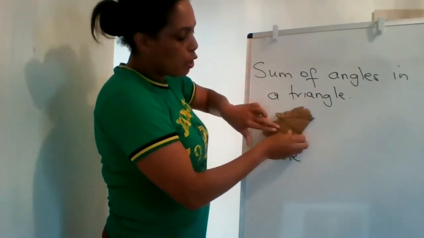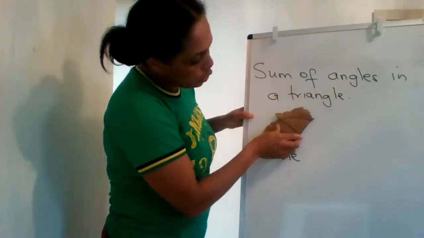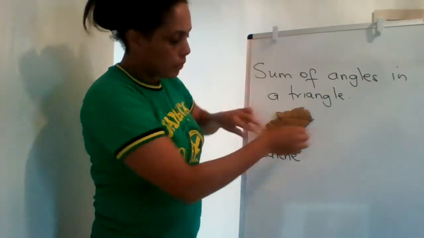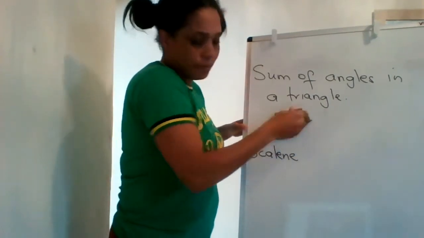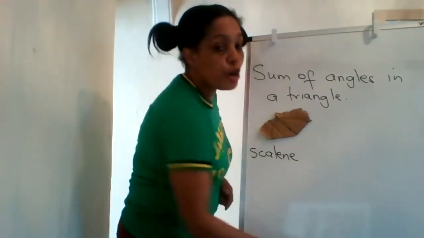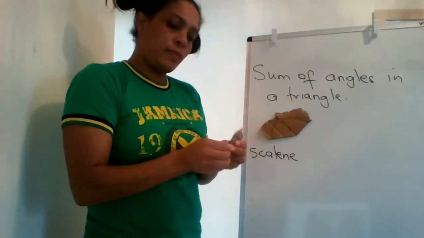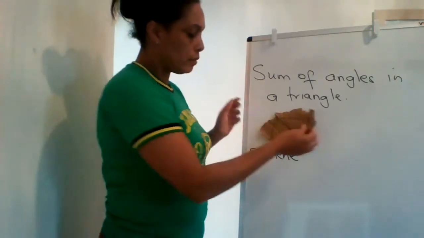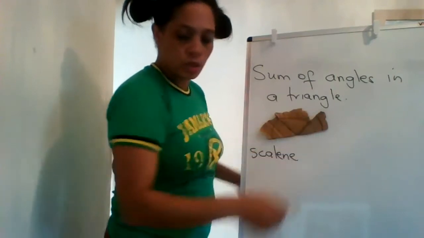Now, let's put the other angle right beside it. Those are the two angles of the triangle. Okay, let's make sure that the angle points are the same. Now let's look at the third one. This is the third angle of that triangle that I have. I'm now going to put it right beside it like that.